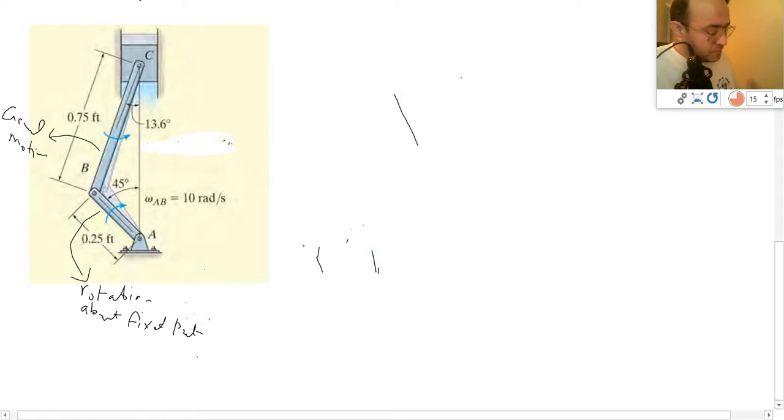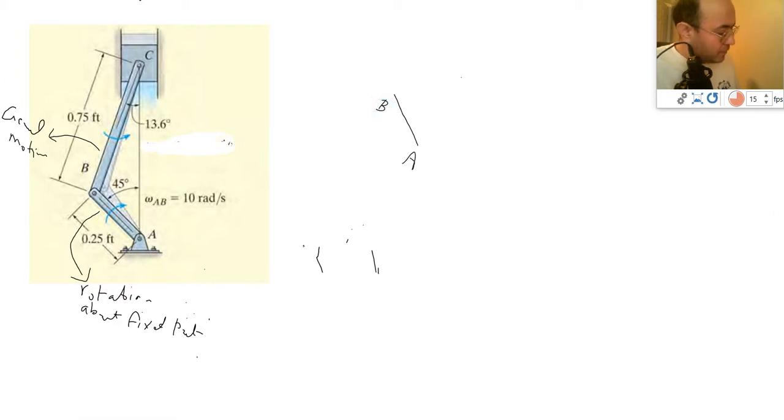So this is A, this is B. Then at the location of B, the direction of velocity would look something like this, perpendicular to bar AB. Perpendicular to bar AB, the value of it would be R omega.